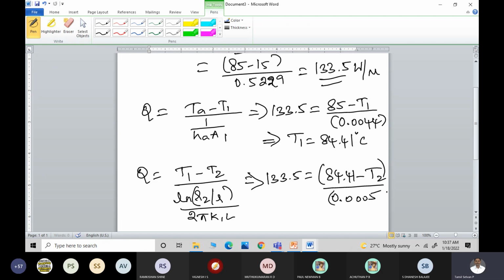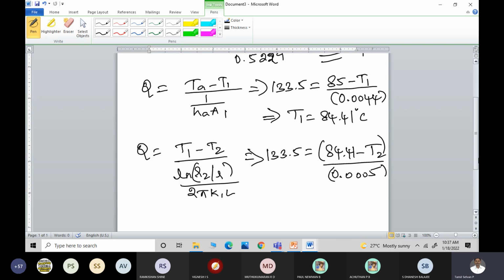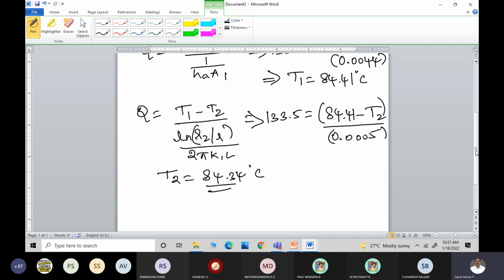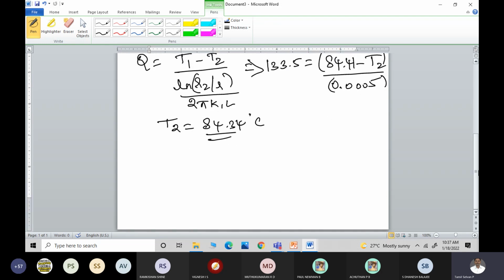How much is it? T2 will also be almost the same. 84.34, sir. 84.34. Since the thermal conductivity of steel is higher, there is no difference between T1 and T2.